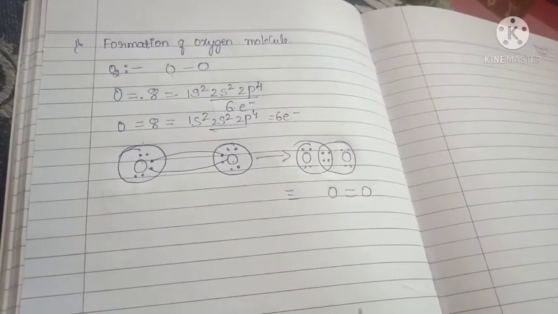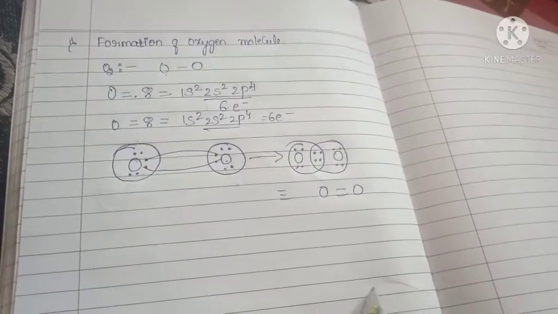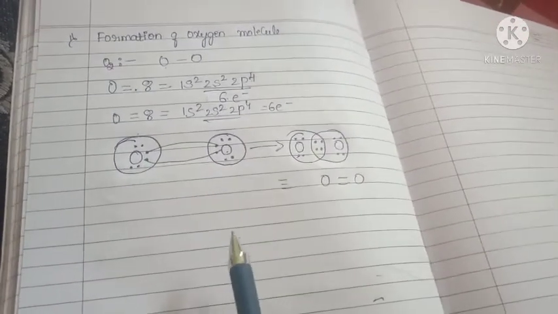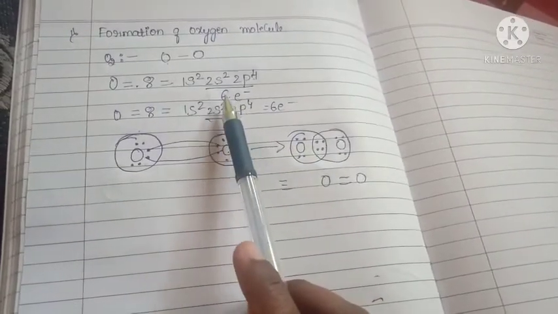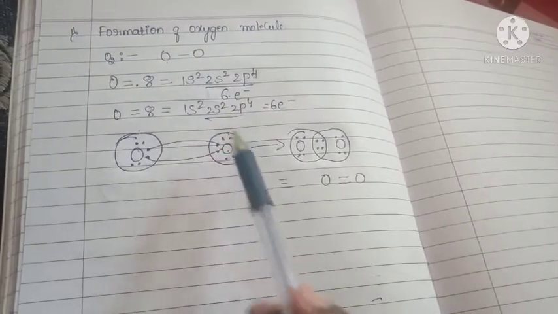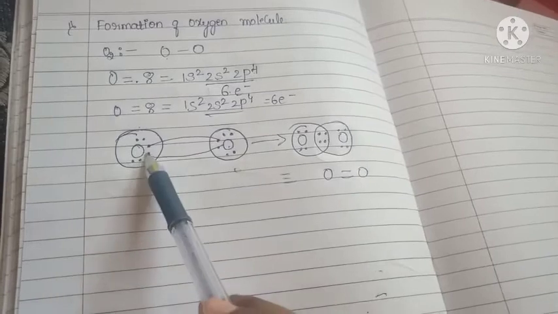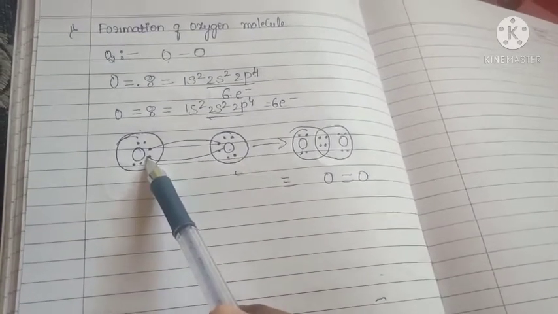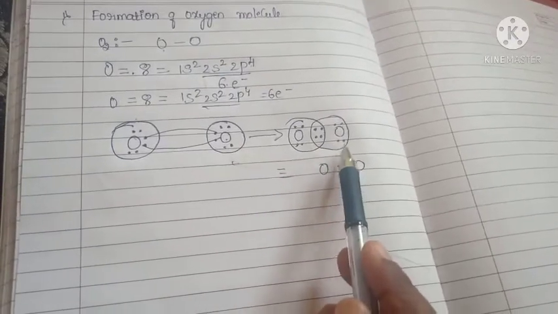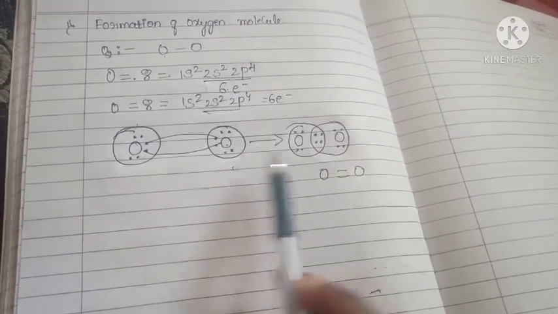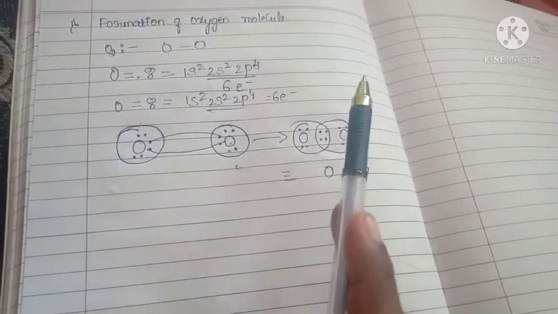After sharing pairs of electrons, each oxygen atom achieves an octet configuration. Each has 6 electrons, and each gets 2 electrons from the other oxygen atom, making 8. It is an octet configuration and it is stable. This is all about the formation of the oxygen molecule.